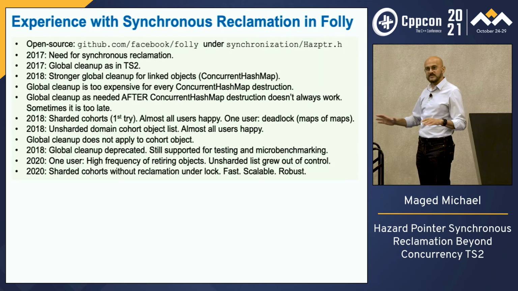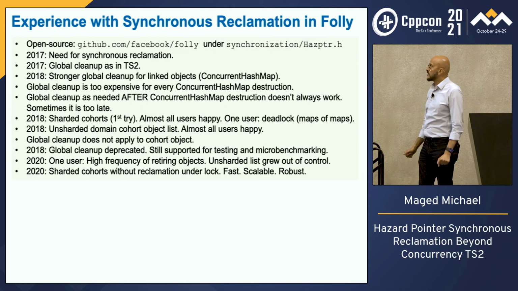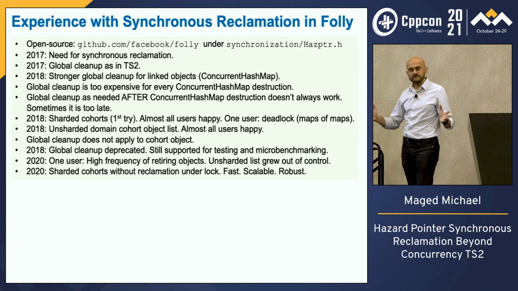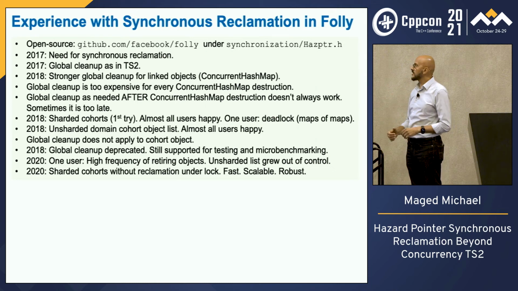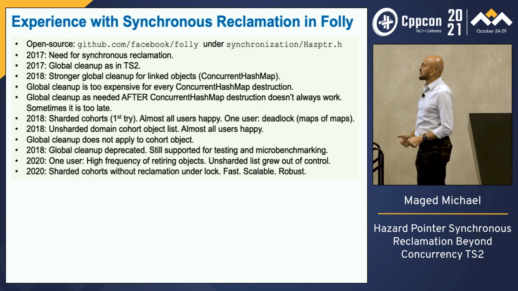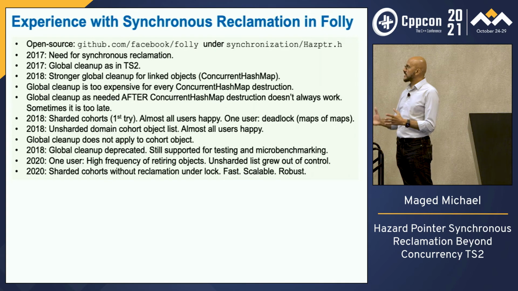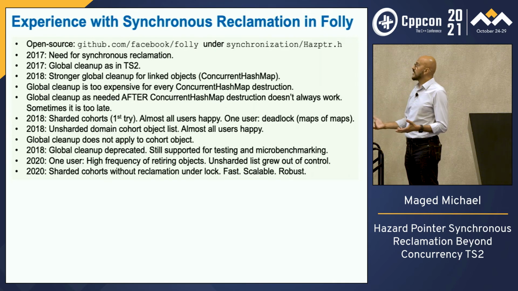It's heavily used, indirectly, by thousands of engineers who are using data structures in many different ways that are dependent on synchronous reclamation of hazard pointers. Folly is available as open source on GitHub.